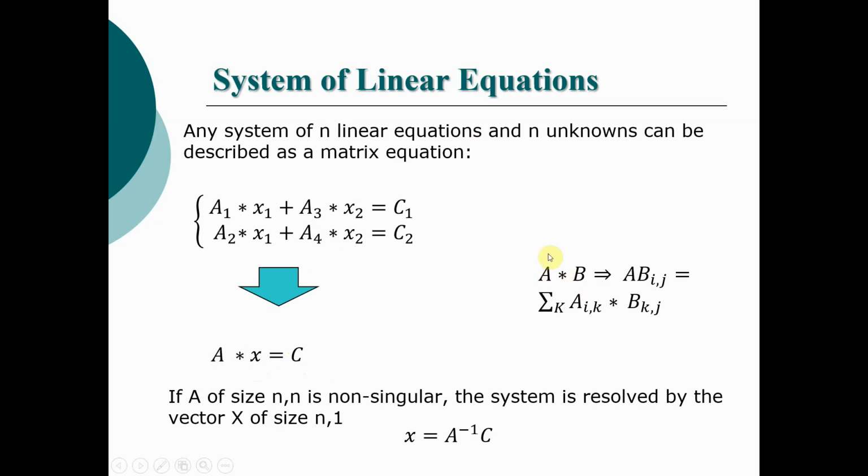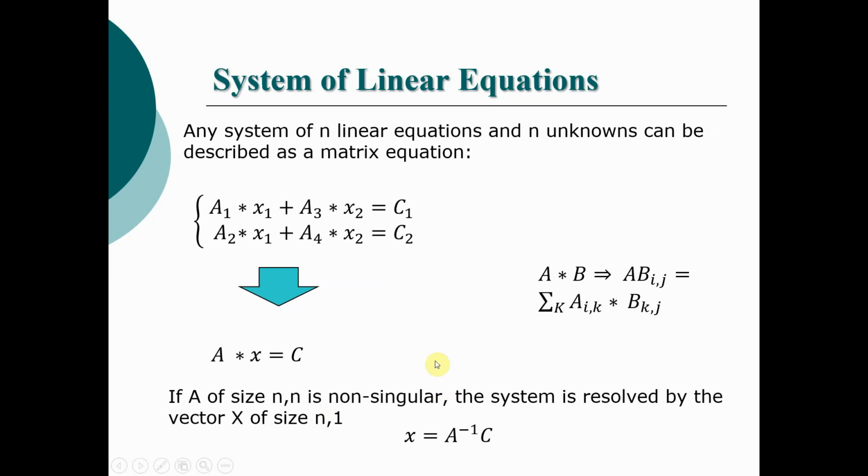And this basically shows you how a matrix multiplication works. If A is of size n by n, so if A is a square matrix, which means the number of equations is equal to the number of unknowns, and also if A is non-singular, what does this mean?